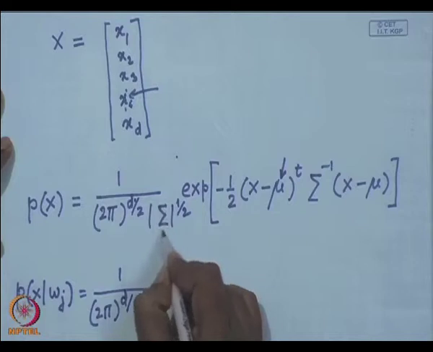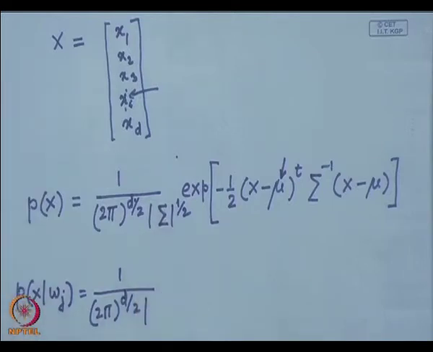Now, this sigma has to be replaced by sigma j, because this is the covariance matrix of all the sampled vectors which are taken from class omega j. So, this sigma will now be replaced by sigma j.